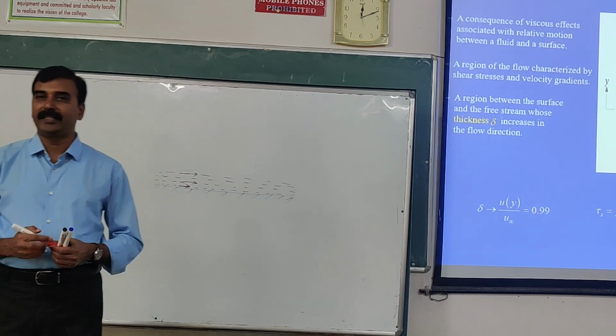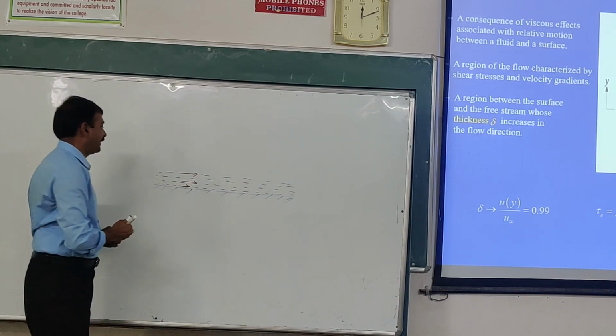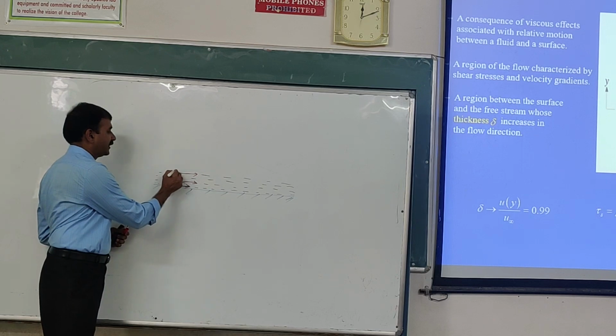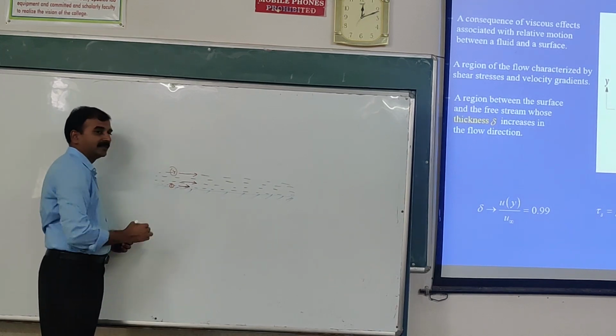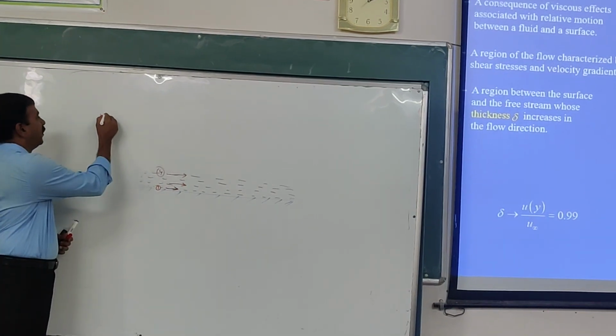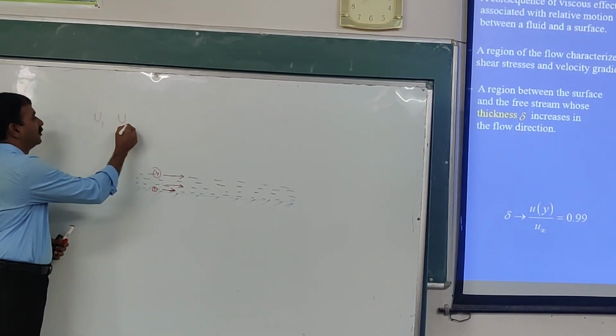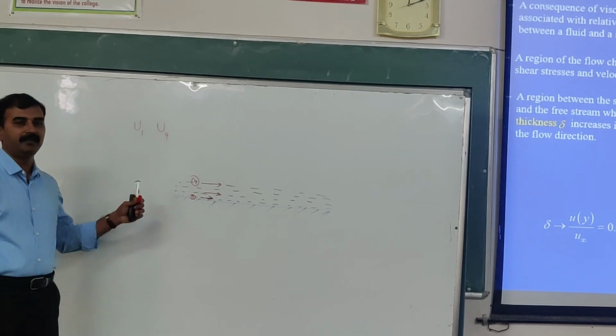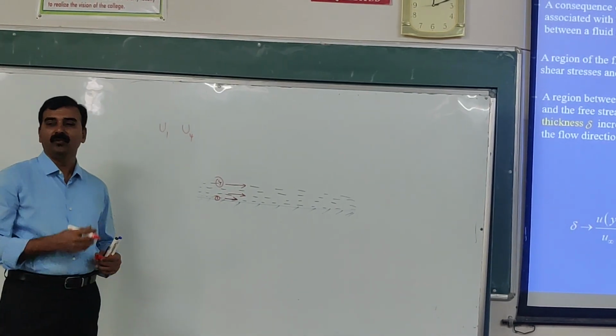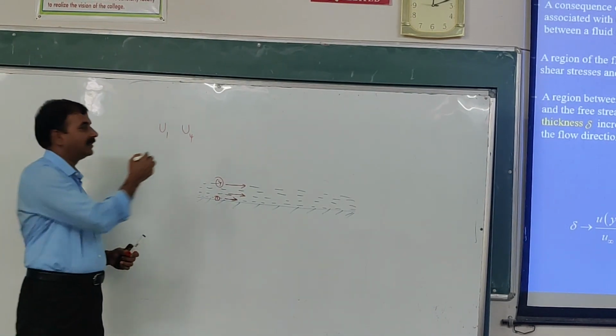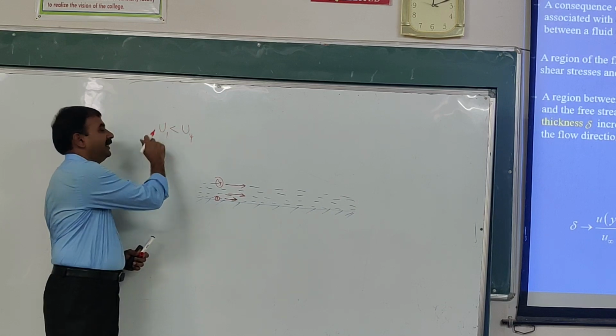It will be different. So let me take this as, say, the first layer, and this as the fourth layer. Velocity of the first layer is u1, and velocity of the fourth layer is u4. Which will be more? U4, right? So u4 is greater than u1.